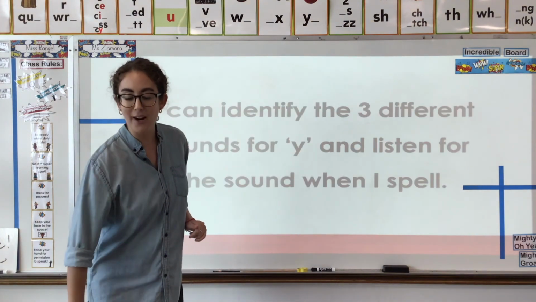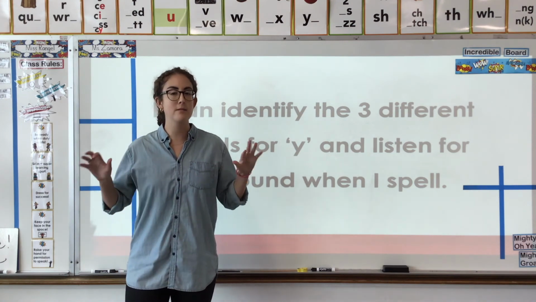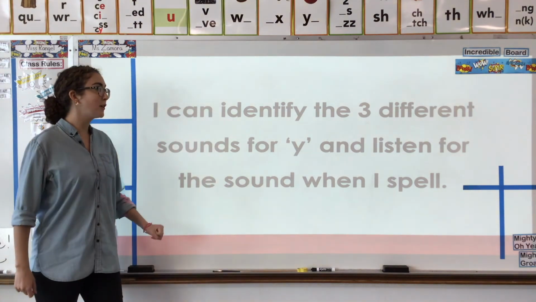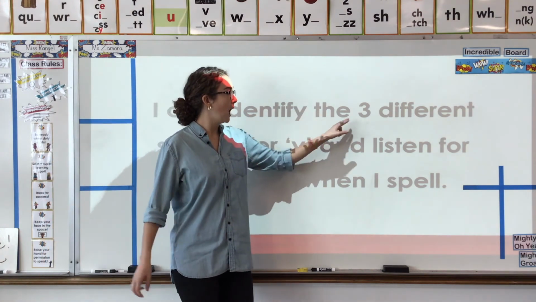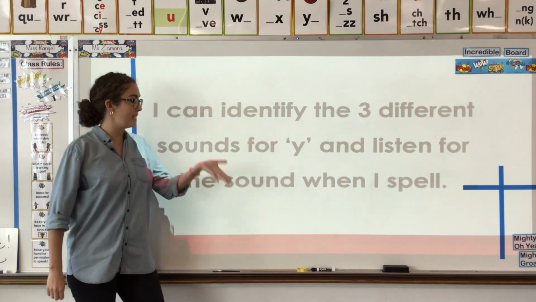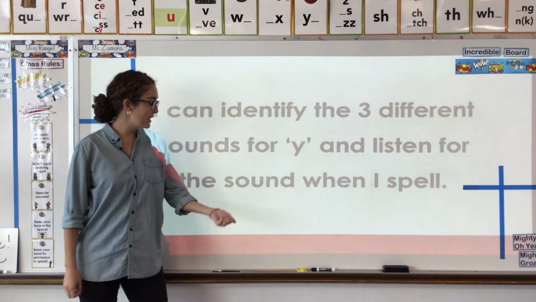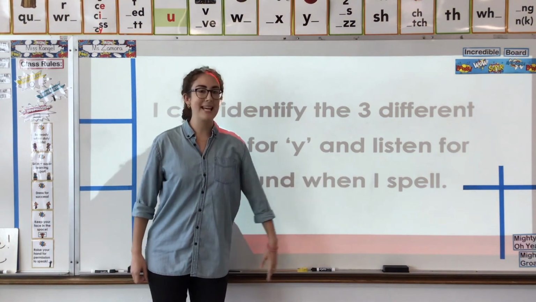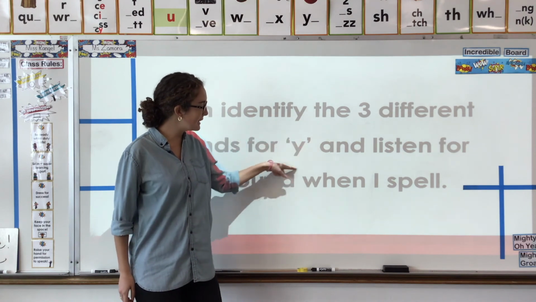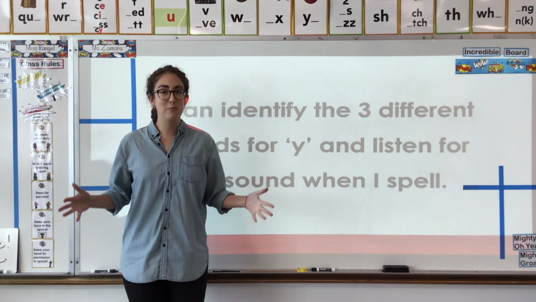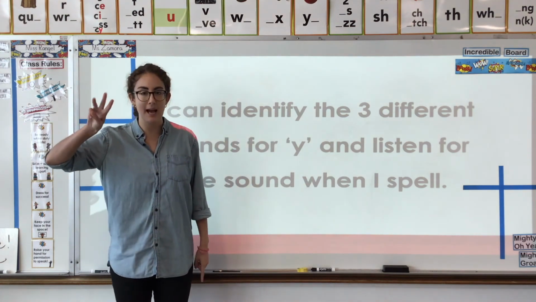So let's look at our learning target next. We're looking really closely at a new letter today. So for Wednesday, our learning target is: I can identify the 3 different sounds.